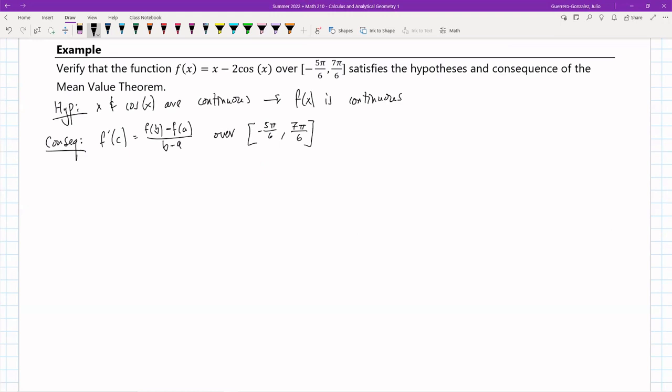What I'm going to do first is compute the right-hand side of the equation. I'm just going to find the slope of the secant line. So I'm going to do f of 7 pi over 6 minus f of negative 5 pi over 6, all over 7 pi over 6 minus negative 5 pi over 6. Let me change that really quick before I mess it up.